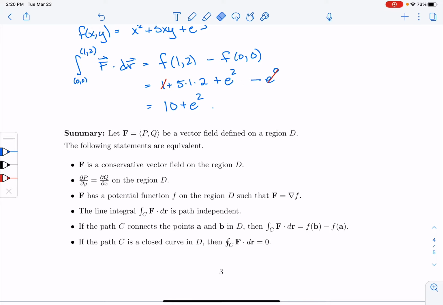So if you're able to show one of these things, then all the other statements are true. If you were able to show that an integral of F dot dr equals 0 around any closed path throughout the domain D, then you must have a conservative vector field, and all of the other statements must be true. So these are some fun equivalent statements about conservative vector fields, and they show you why it's important to have this designation of conservative vector fields.